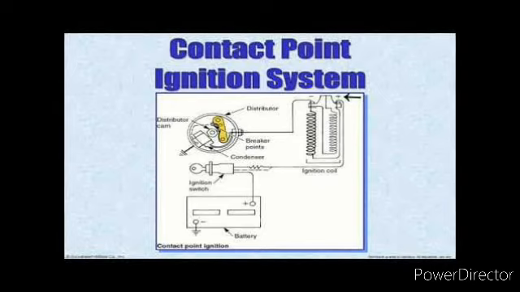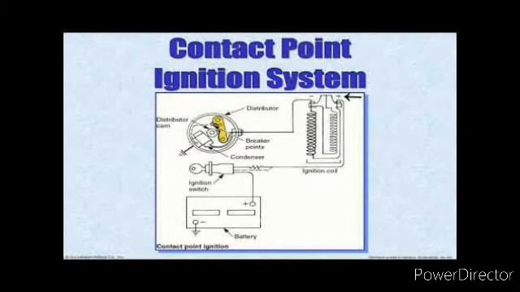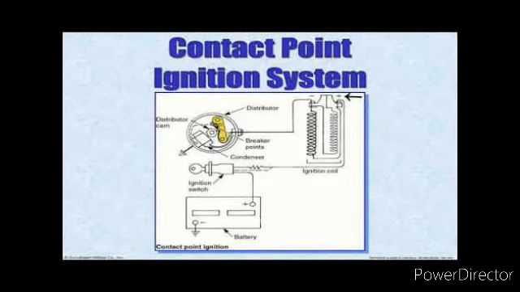The distributor shaft has lobes that contact the rubbing block. These lobes act as a cam to push the points open, thereby breaking the electrical connection between the points.